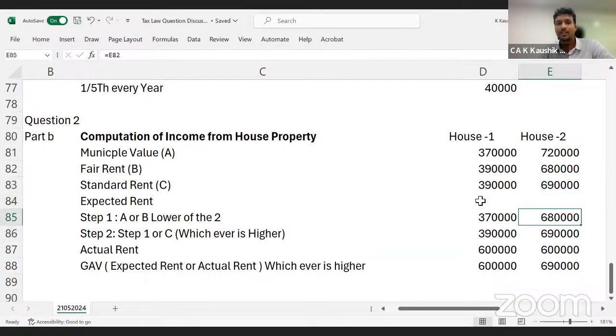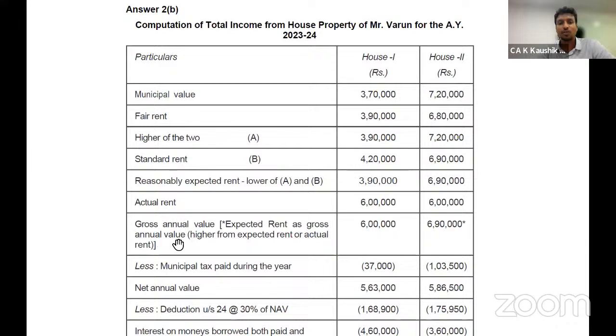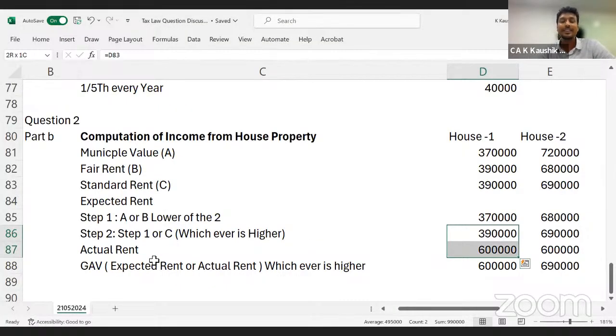Then I'll have to take, first thing, 7,20,000 or 6,80,000, whichever is lower, that is 6,80,000. 6,80,000 or 6,90,000, whichever is higher, that is 6,90,000. Then actual rent I will compare with the expected rent, that is 6,90,000. So we'll get 6,90,000 and 6 lakh as gross annual value. So same thing till here, expected rent or actual rent, whichever is higher, as gross annual value. In this case, I have received 6 lakh, so 6 lakh is taxable. Here I have received 6 lakh, but my expected rent is 6,90,000, so 6,90,000 will be taxable.